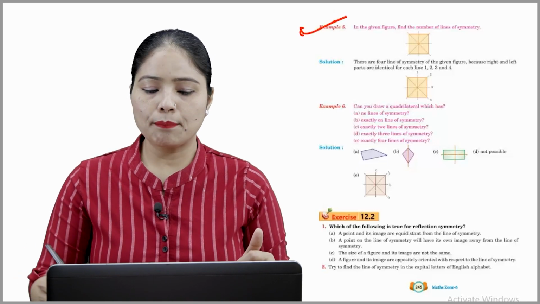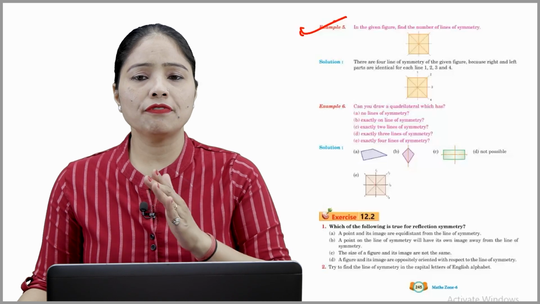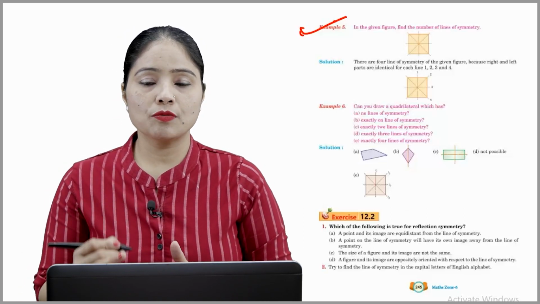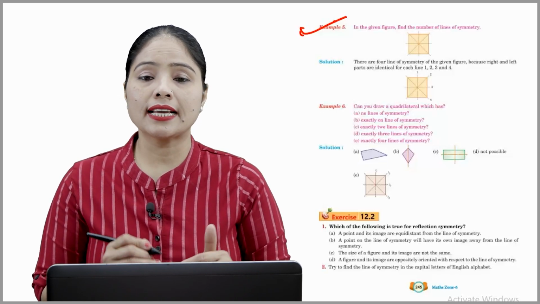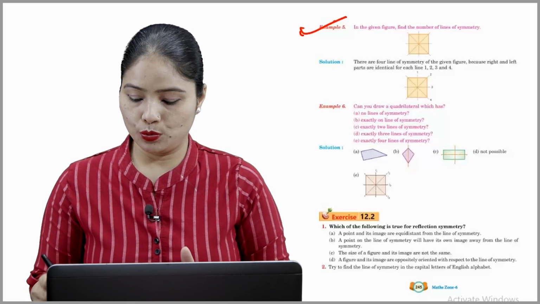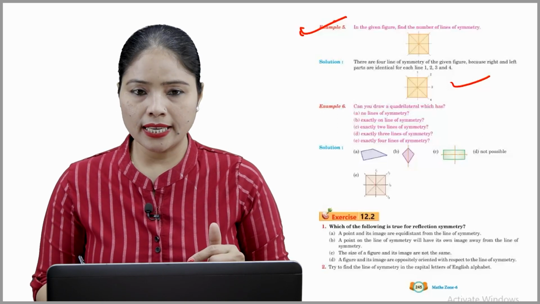Now example 5. In the given figure, find the number of lines of symmetry. So there are 4 lines of symmetry of the given figure because right and left points are identical for each line 1, 2, 3 and 4 like this. Okay. Example number 6.